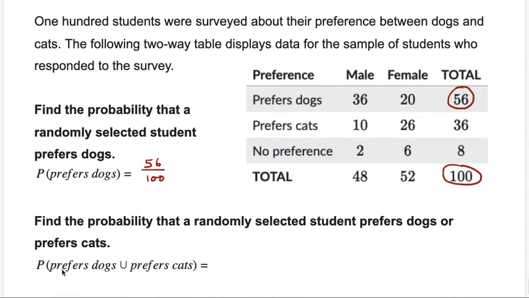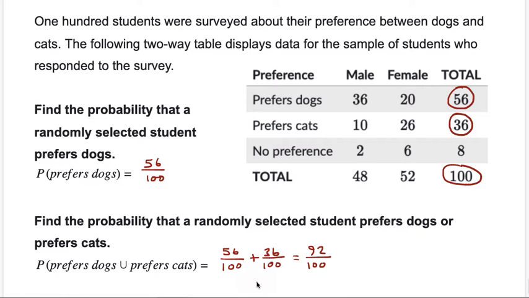The probability that a student prefers dogs or prefers cats is going to be 56 out of 100 plus 36 out of 100, so that's going to be 92 out of 100. So we get 92 students out of 100 that prefer dogs or prefer cats.